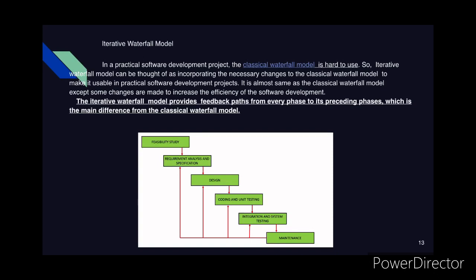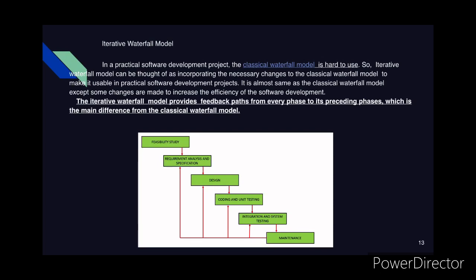But a feedback path is there, but it doesn't mean that after doing the design of a software, you can show that to a customer and the customer can give you feedback. That is not correct. Here in the iterative waterfall model, first we have to go through all the phases shown here till maintenance.